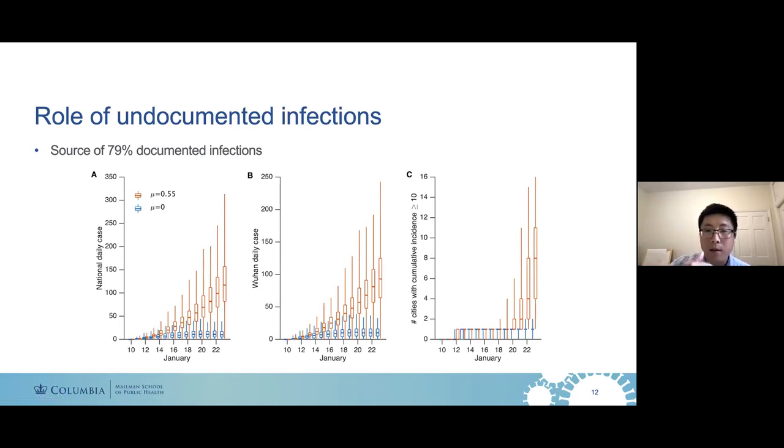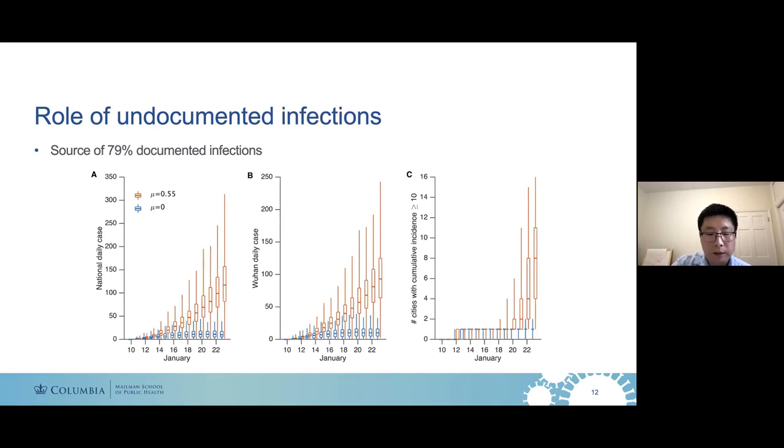By comparing those two sets of simulations, we found that undocumented infections are the source of about 79% of documented infections. So you can see, even though they are less contagious, the undocumented infections actually drive the disease outbreak in China because they are larger in number.